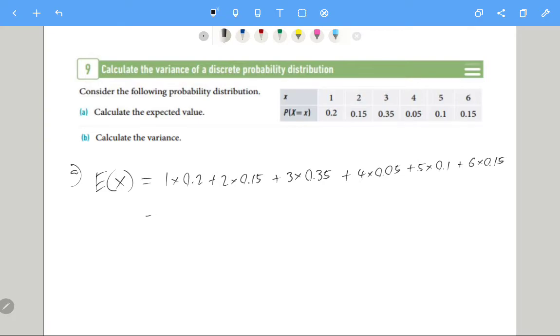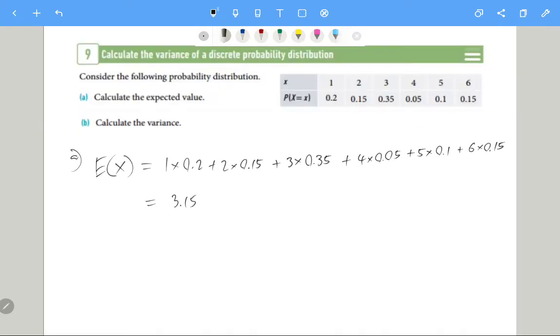And when we add them all up, we get 3.15. Big error there.